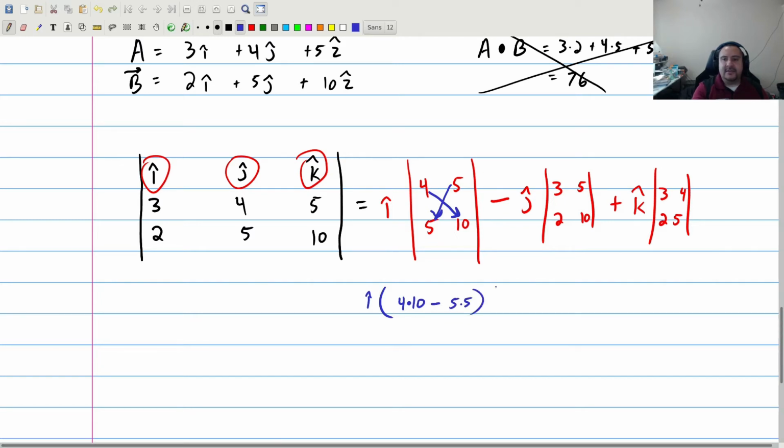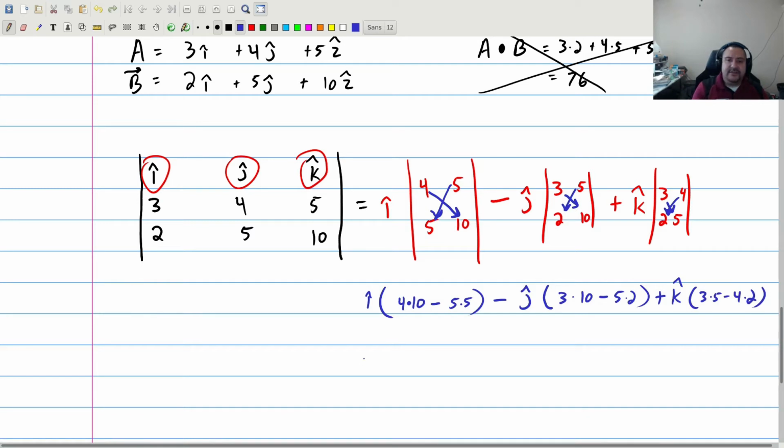All right, the next component here, so minus j hat, and then again, multiply this way, minus multiply that way. So this is going to be 3 times 10 minus 5 times 2. And then plus k hat, and then it's going to be 3 times 5 minus 4 times 2.